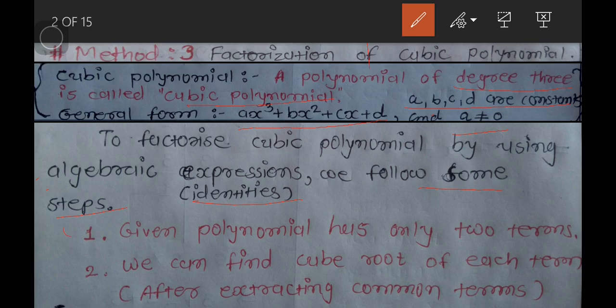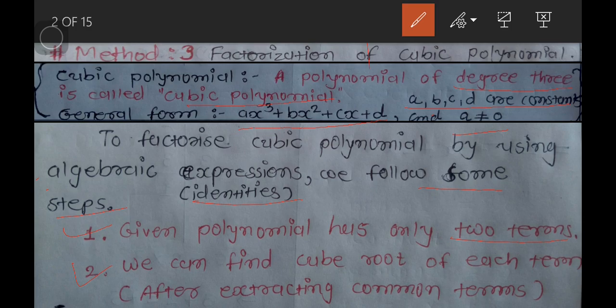So the first one is, the given polynomial has only two terms. We have to see that the given cubic polynomial has only two terms. If there are only two terms, then we can use this method to factorize the cubic polynomial. Second, we can find the cube root of each term.